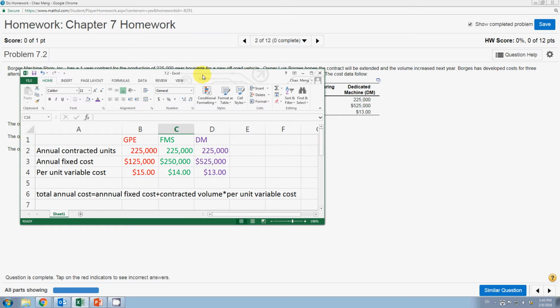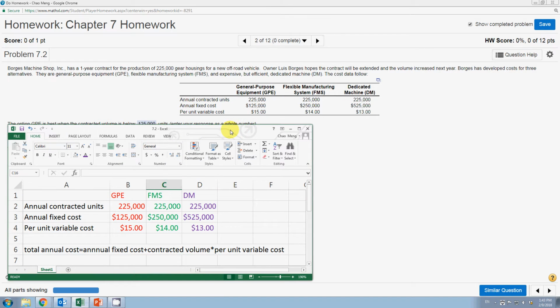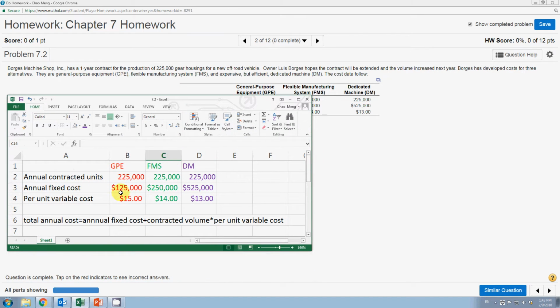So I copied all those numbers into the Excel. So we got the same numbers in this Excel. So for each option, we need to calculate the total annual cost. So we know the total annual cost is equal to the annual fixed cost plus the contracted volume times the variable cost.